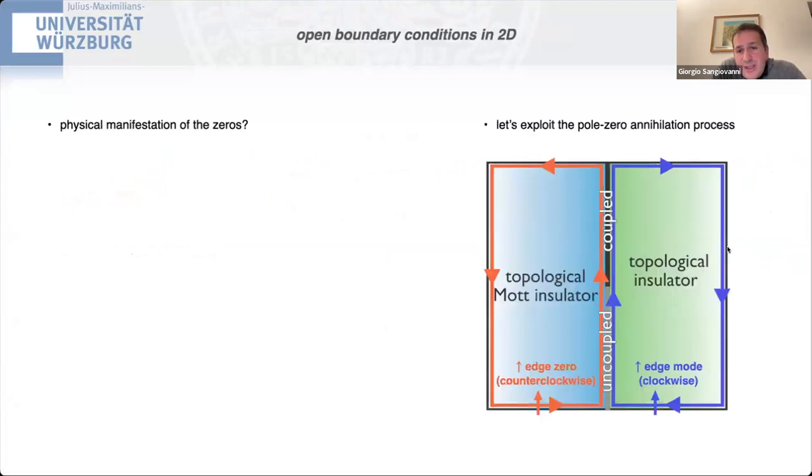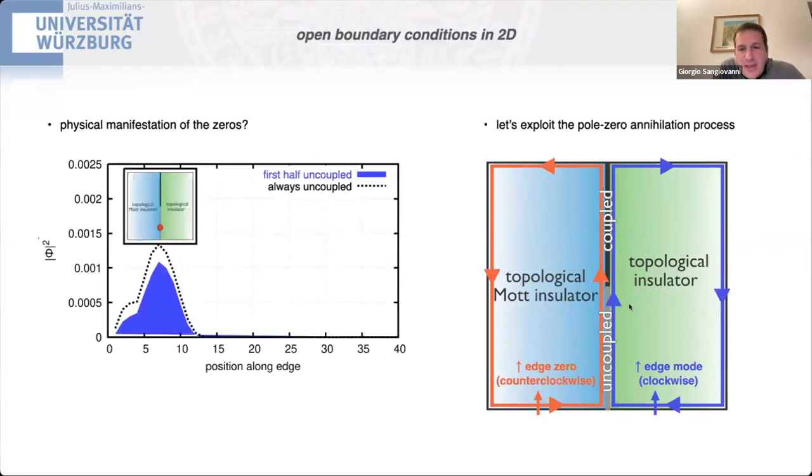So now the interesting thing is to see what happens of this annihilation in 2 dimensions. We interface a conventional TI with edge modes like this with this new topological Mott insulator with edge zeros, and then we follow a wave packet that propagates following the Green's function from this side. So I'm essentially following a wave packet that should propagate on the edge if there were no topological Mott insulators. And from this point on, I will let instead this wave packet speak to the left, to the edge zeros of the Mott insulator.